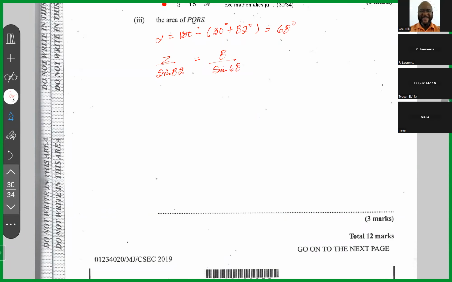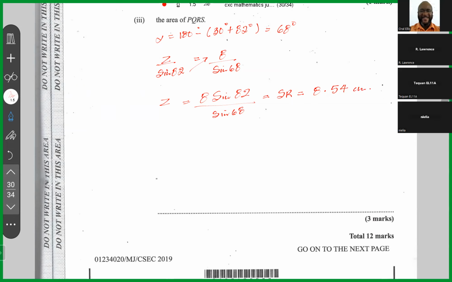Doing my sort of half cross multiply, I'm going to get that Z is equal to 8 sine 82 divided by the sine of 68. So Z here, which is SR, the bottom side of the trapezium, comes out to be 8.54 centimeters.